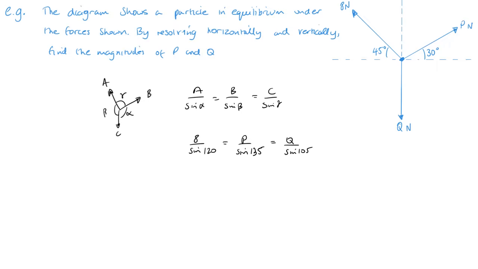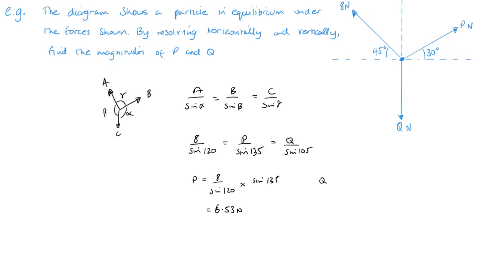And again, now if I work these out, P is going to be 8 over sine 120 times sine 135. And again, I get the right answer, 6.53 newtons.